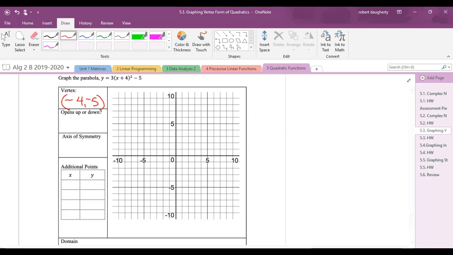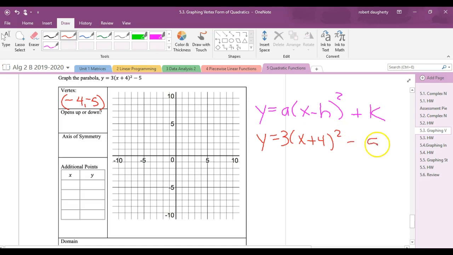So the question was, how is it -4? My formula is y equal a times (x minus h) squared plus k. What I'm faced with here is y equal 3 times (x plus 4) squared minus 5. That's the same as y equal 3 times (x minus -4) squared minus 5.